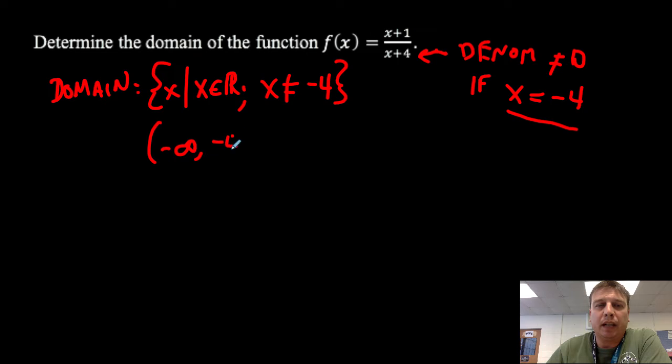I can go up to -4, but I can't be -4, all right? Or I'm on the other side, and I'm from -4, and I go all the way to infinity. Because I'm not allowed to be -4, but I can be every other value. So this is how we would show that using interval notation. This is how we would show it using set builder.